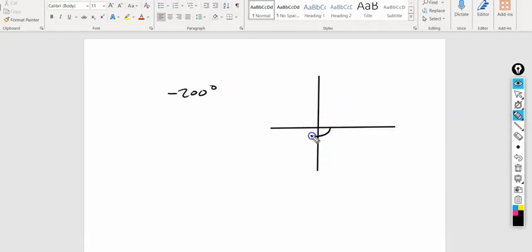So if I come here, that's going to be 180 in the negative direction, then I go a further 20. So it would look something like that. The initial side is the positive x-axis, and here's my terminal side, and my terminal side is in quadrant 2. Okay, so that's a review of what we did on the first day in class.